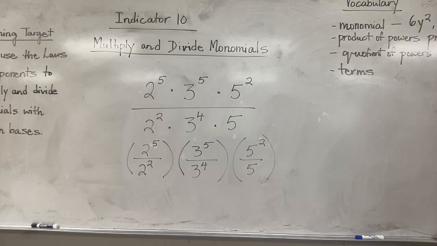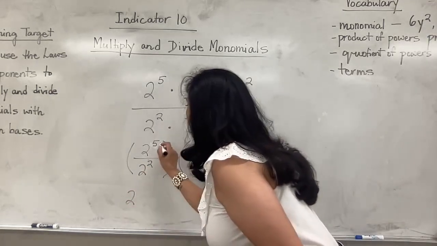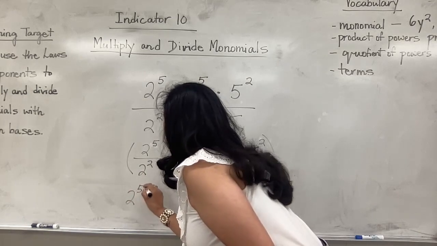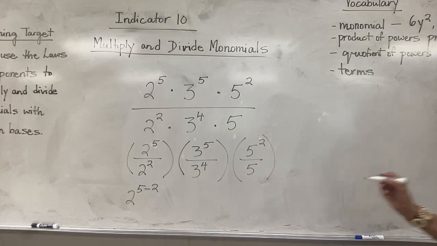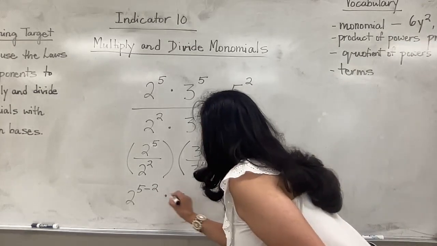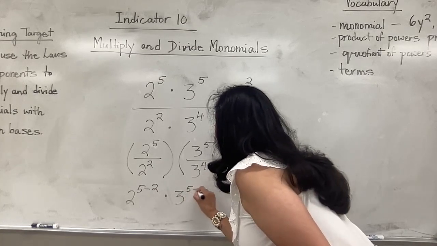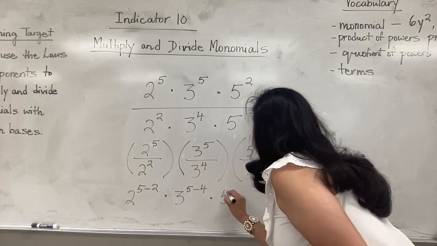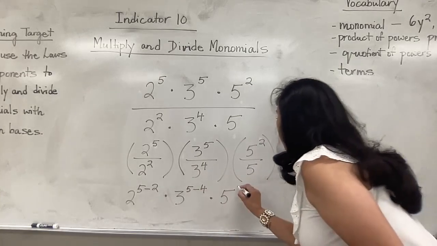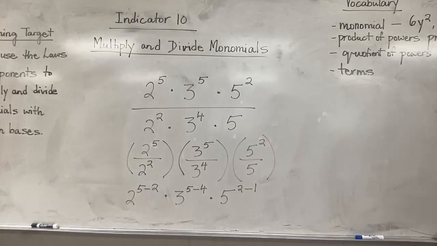So here, the common base is 2, and I'm going to subtract the exponents, which is 5 minus 2. Times common base 3, exponents 5 minus 4, times 5 is the common base, exponent 2 minus 1. When only 5 is written, that means the exponent is 1.